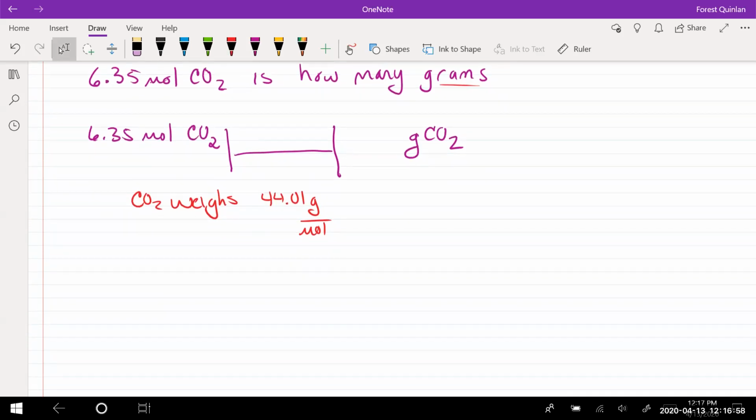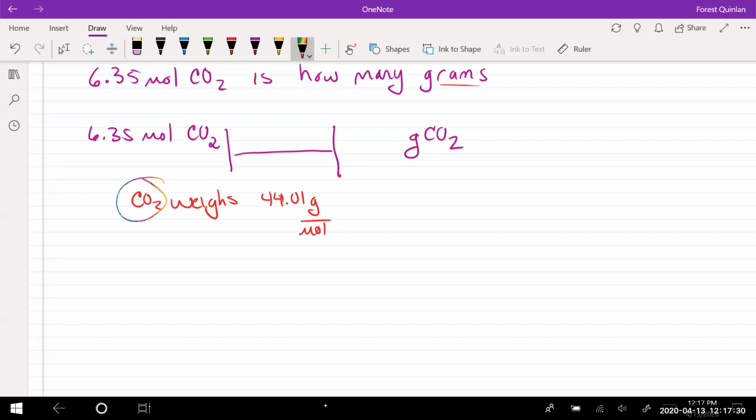Now, how did I get that? I'm going to ask Emily. Do you know how I got that? No. Okay. Well, we always have to remember this. What is carbon dioxide made up of? CO2. Oxygen.